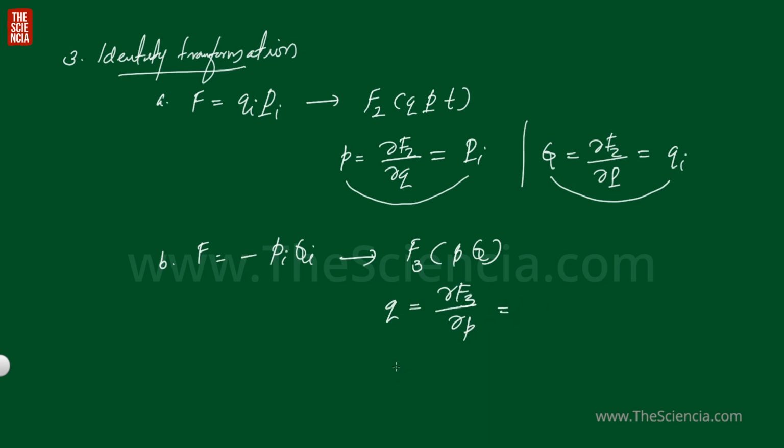And another missing coordinate is capital P, that will be equal to ∂F3/∂Q. Here this will be minus, this is also minus. Find the answer. You will get the same kind of transformation. Capital Q is related to small q and capital P will be related to small p. So both are examples of identity transformation. Please do it by yourself.